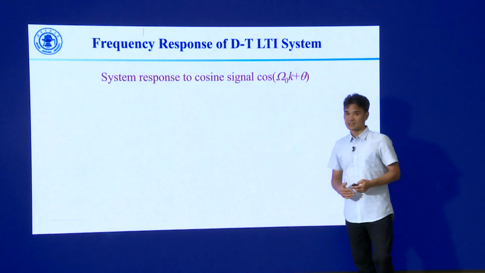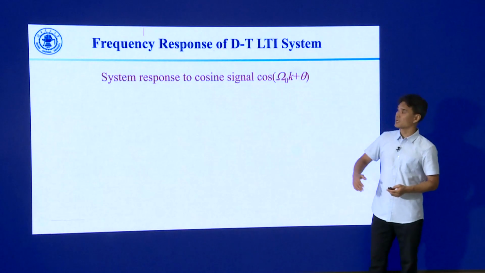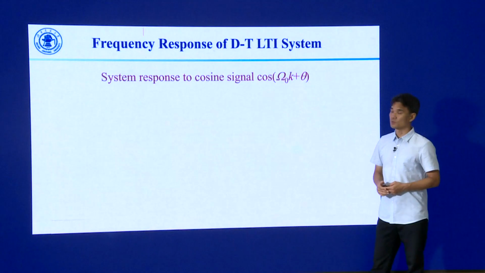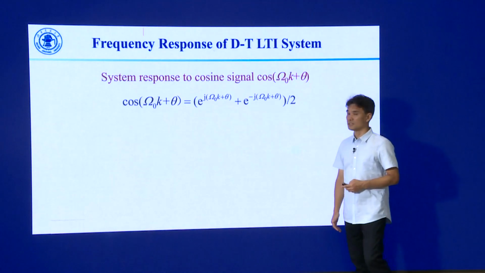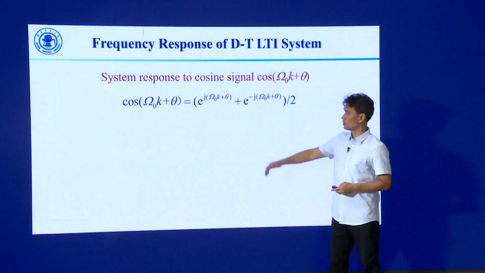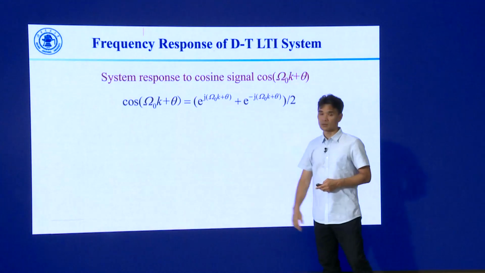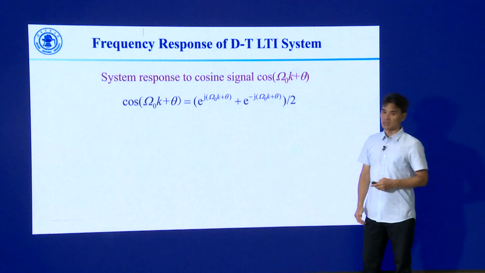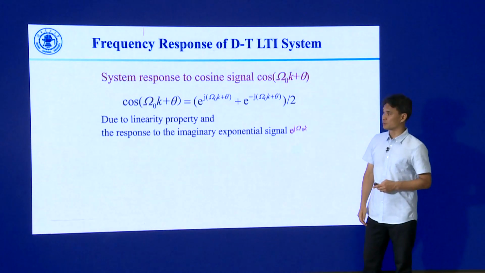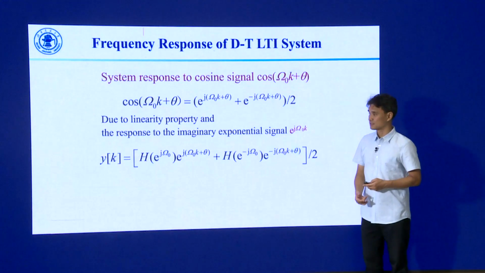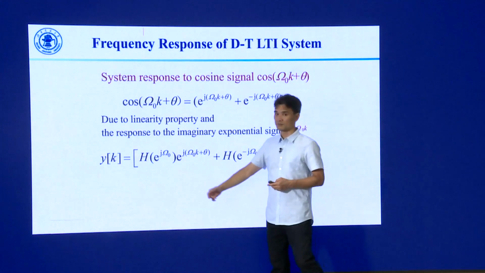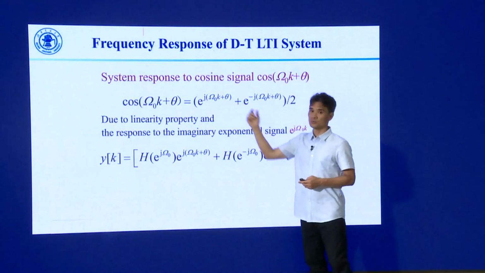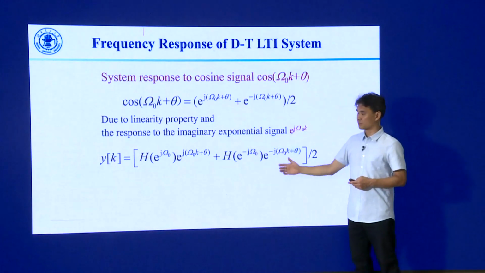In case we input a sinusoidal signal, for example here is a cosine function, into a discrete time LTI system, due to the Euler equation, we can break the cosine function into two terms. Each of them is an imaginary exponential signal. So based on this understanding, the zero-state response of the system actually is the sum of the responses of these two imaginary exponential signals.